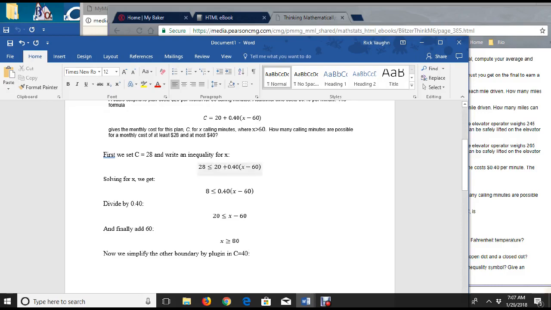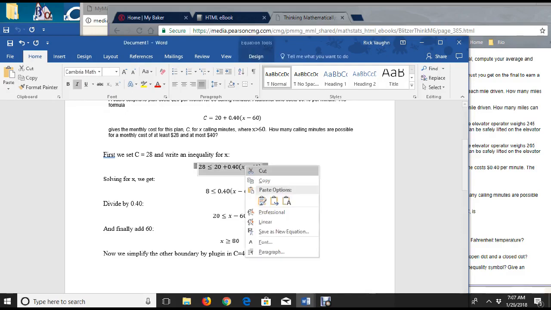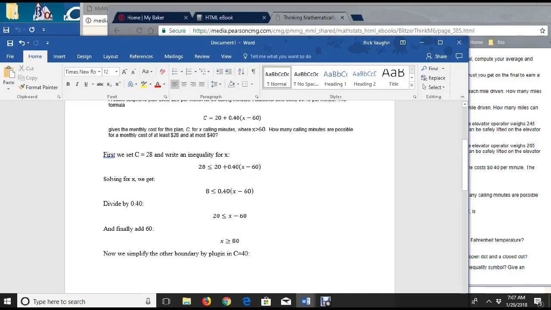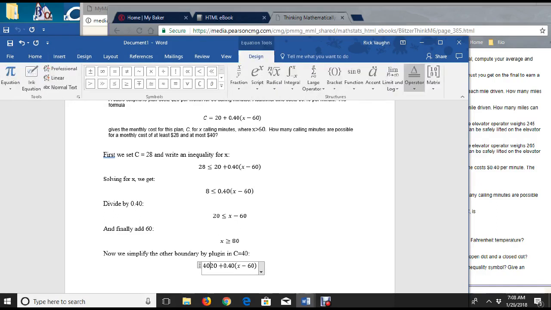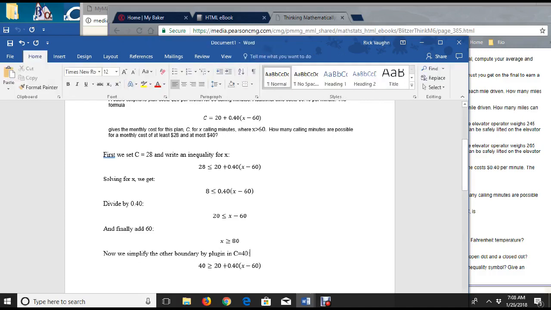So I'll copy this over, paste it in, and replace the 28 with a 40. And then instead of less than or equal to, we're going to make this into a greater than or equal to.